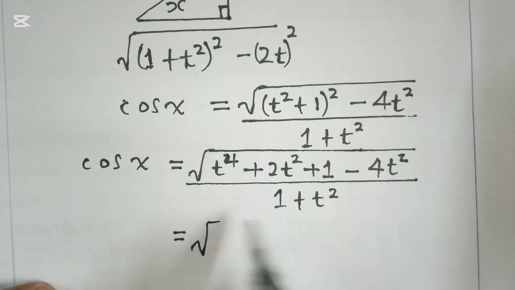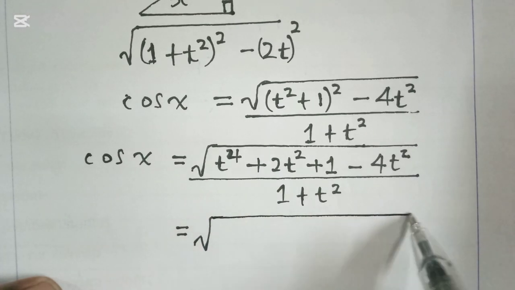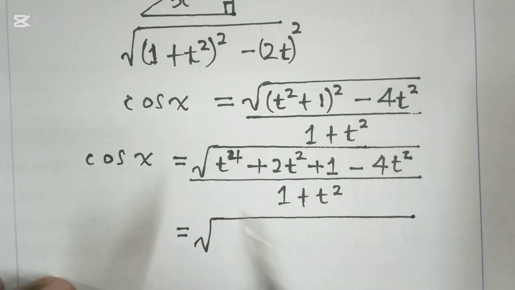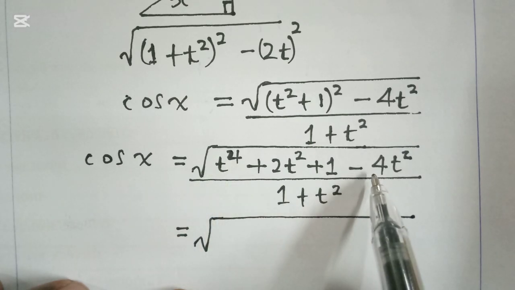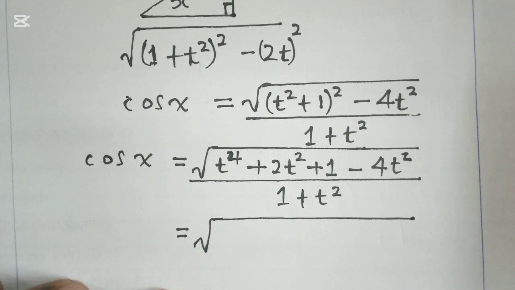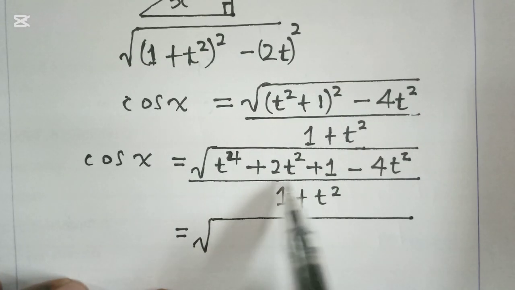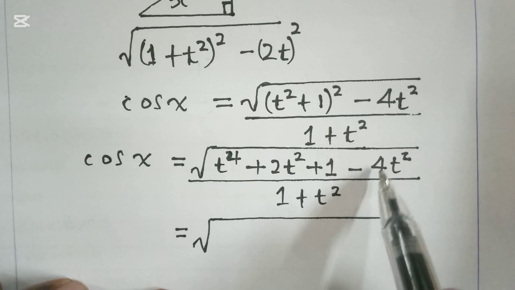And so therefore, guys, we are going to find this one as, we still write the square root. This is now going to be t raised to 4 minus, I think we use this 2t squared minus 4t squared.